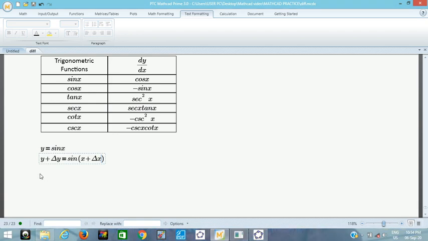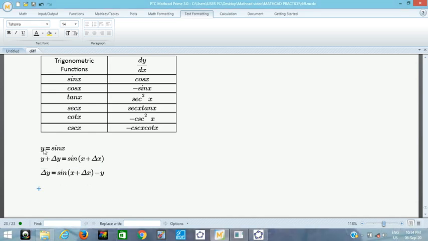Then the next thing you need to do is make delta y the subject by taking y to the other side of the equation. So I'm going to have delta y is equal to sine (x plus delta x) minus y. And what is the value of y?